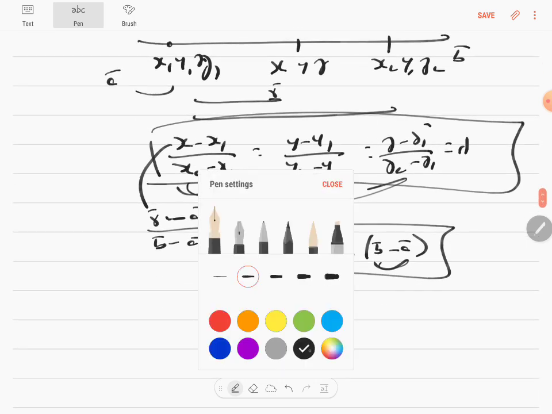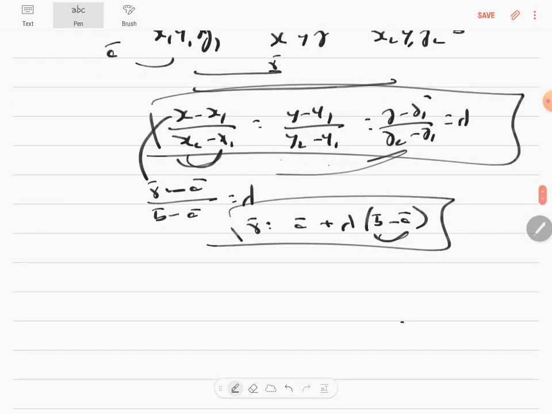These are the two formulas you must be really clear with to start doing 3D. So the equation of a line passing through one point parallel to B vector is x minus x1 by A is equal to y minus y1 by B is equal to z minus z1 by C, where A, B, C is the direction vector, and x1, y1, z1 is nothing but a point.